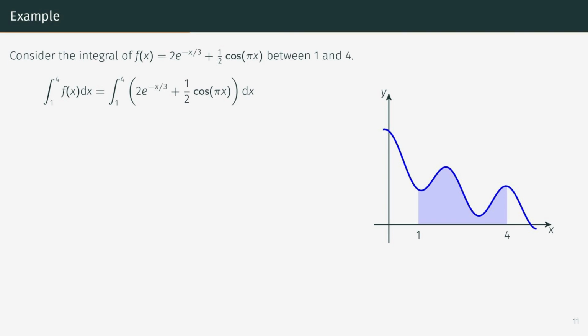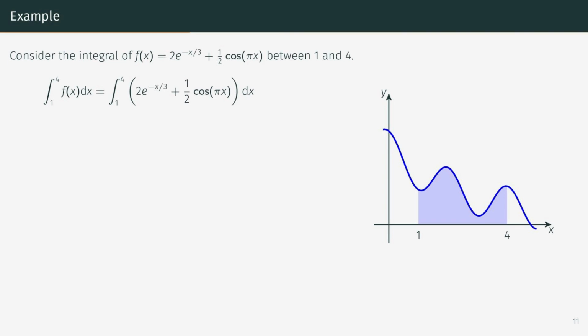Let's then try an example to apply the concepts we've seen so far. We want to find the integral of the function f of x equals 2e to the negative x over 3 plus 1/2 cosine of pi x between 1 and 4.